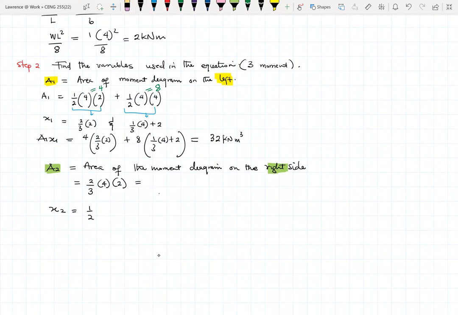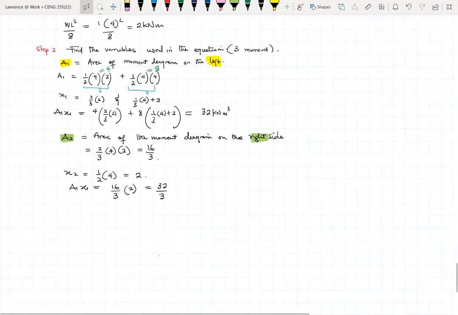Let me just check it over here. 2 times 4 times 2, so it's 16/3, sorry. 16/3 here. Half of the base will be 2. So it means that A2 x2 will be equal to 16/3 times 2, and that'll be 32/3.